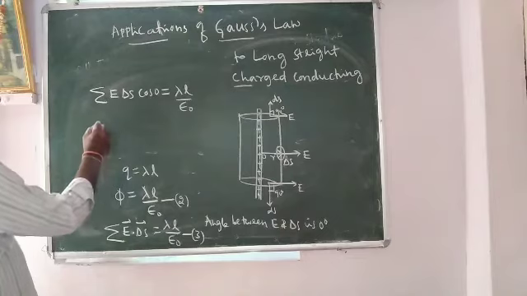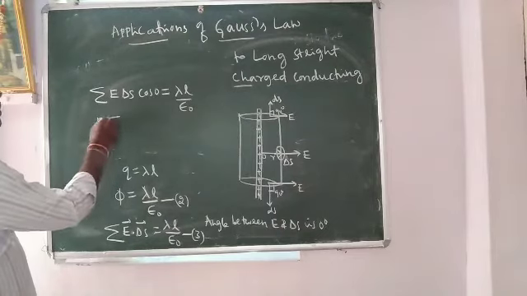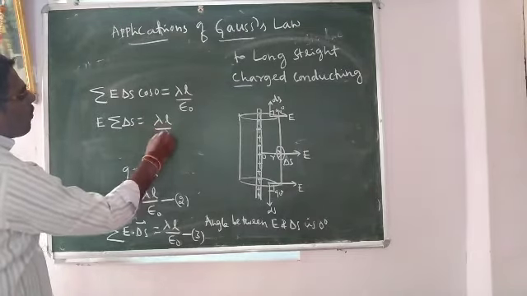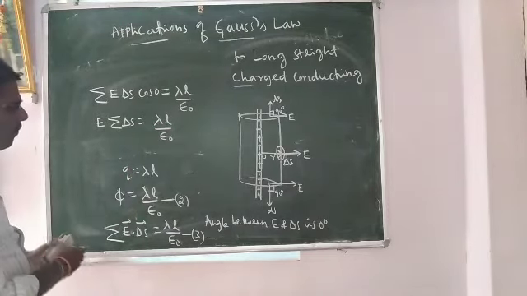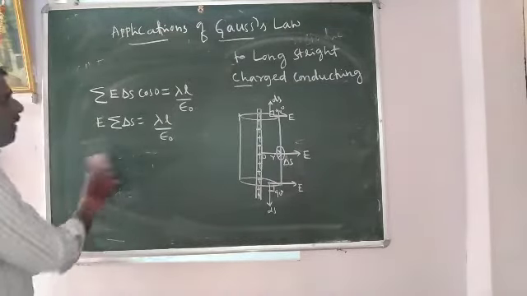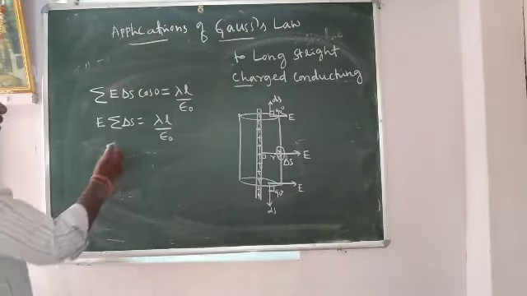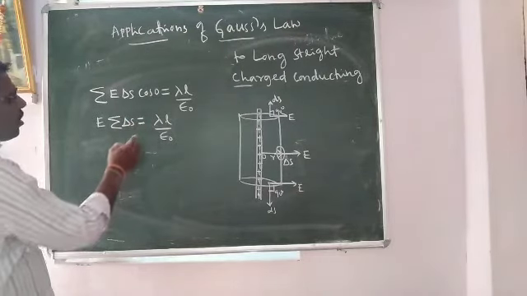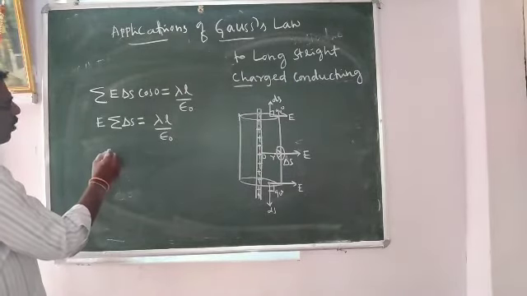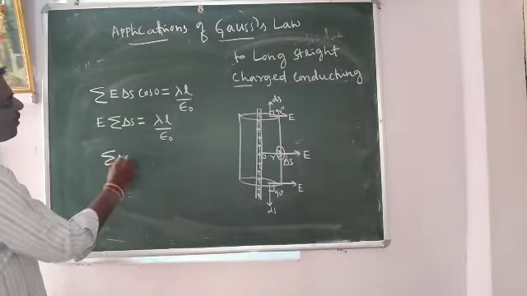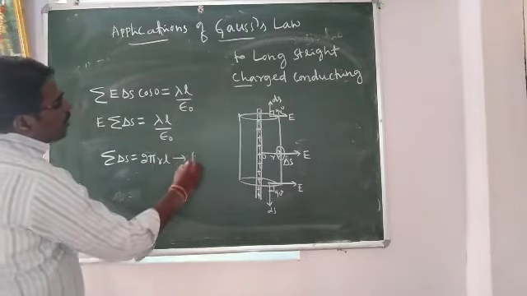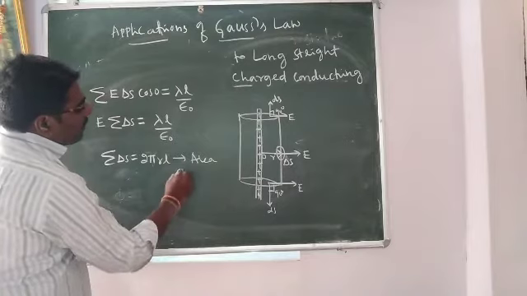Where cos 0 value is 1, E is taken out of the summation, and summation of delta S is equal to lambda L by epsilon naught. Where summation of delta S is the total area of the curved surface of the cylinder, delta S is equal to 2 pi RL. This is the area of the cylindrical surface.